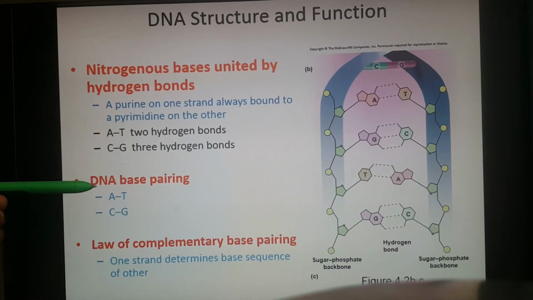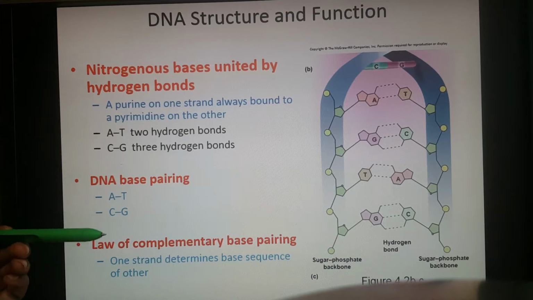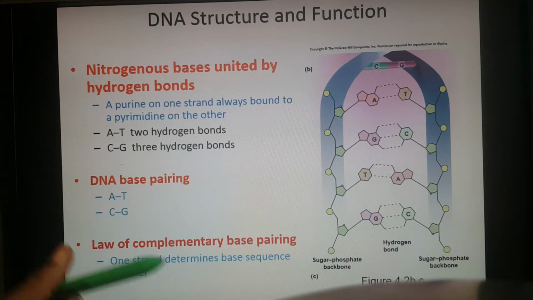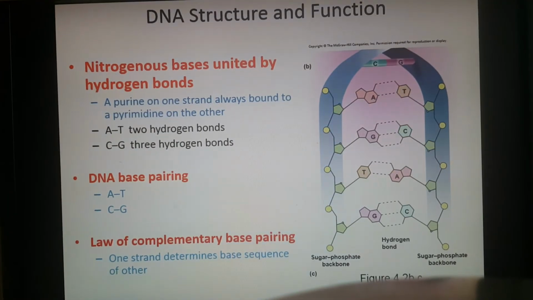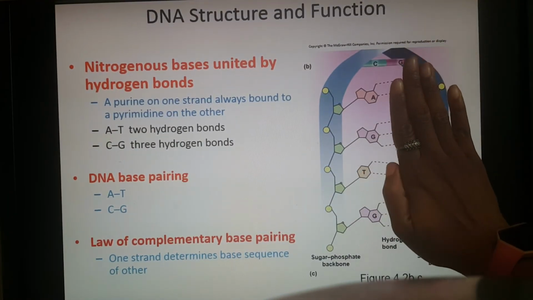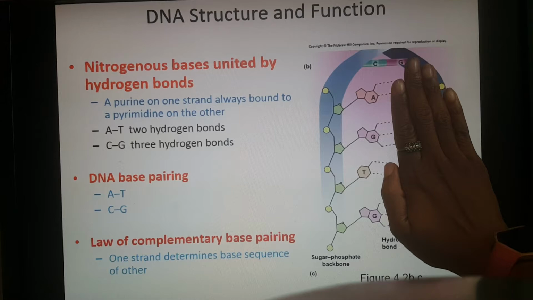So again, for our DNA base pairing, adenine and thymine, or A and T, pair together. Cytosine and guanine also pair together, so our C and our G. So if you had a strand of DNA and you only knew one half of the strand, you'd be able to still code for the other.